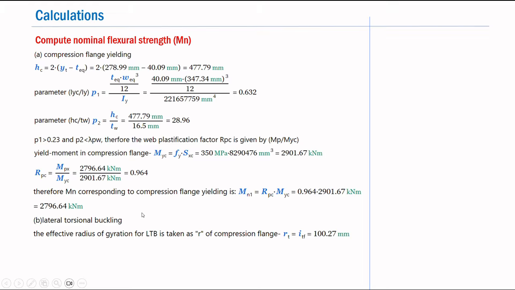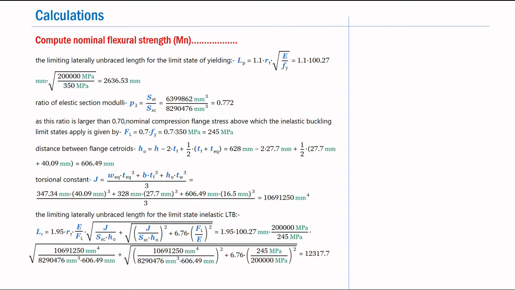Next, we proceed for an important evaluation of the Mn based on the lateral torsional buckling. So for this case, first we go for the calculation of the effective radius of gyration for LTB, that is taken as rt, that's for the top flange, that's 100.27 millimeters. So for the LTB considerations, we need to evaluate two important lengths, that is known as Lp and Lr.